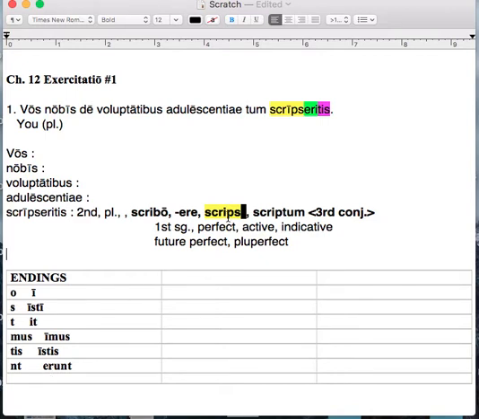However, we have this stem, normal endings, and something in between, which is actually the stem plus the future of sum. I feel like I should get exclamation points. Sounds really intense. Alright, so if you remember, the future of sum is ero, eris, erit, erimus, eritis, and erunt.